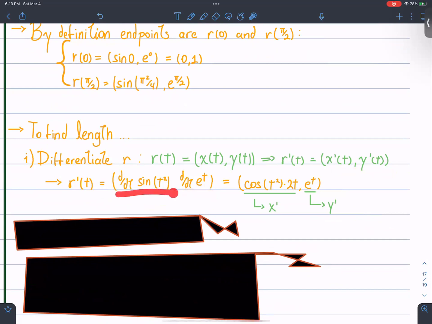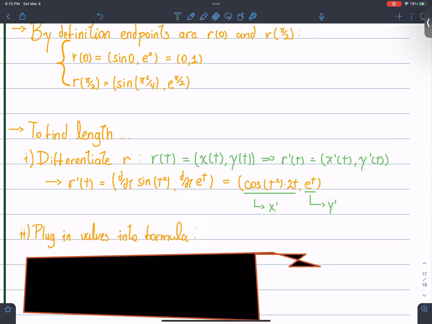So the derivative of sine t squared by chain rule is the derivative of sine evaluated at t squared times the derivative of the argument, which is 2t. This we will take to be our x prime, while the derivative of e to the t is just e to the t again, and this is our y prime.